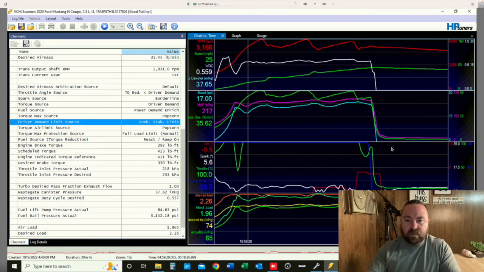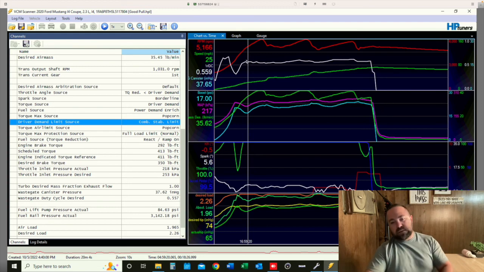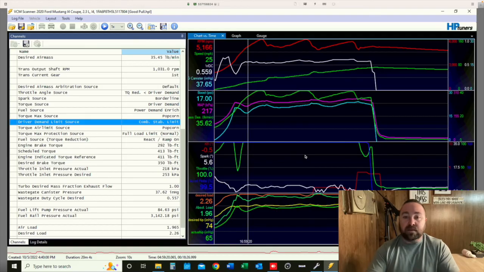We have the boost level staying pretty flat and consistent. The throttle blade is staying open through the majority of the run, and all of our absolutes, our actual TIP, load and torque, are below our desired or requested. So that keeps the throttle blade open, that keeps the boost nice and flat. And trust me when I say that this makes the car act more predictable and a lot smoother.